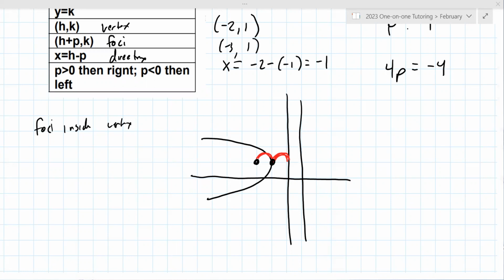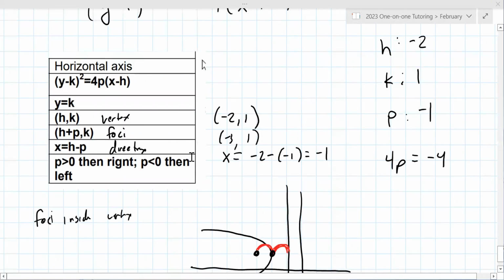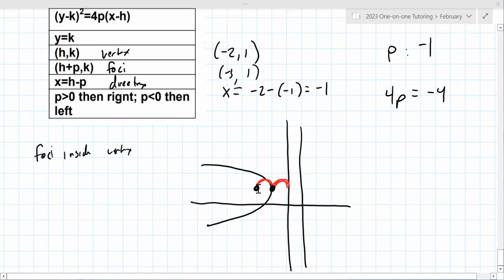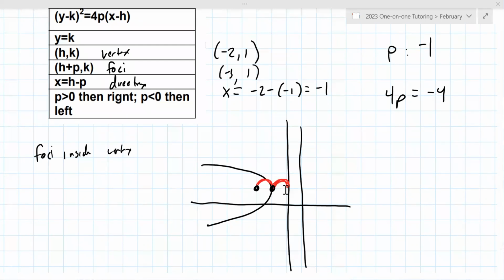If you recognize that the foci is inside the vertex, you don't have to know this equation. You just know that it's equidistant. And if that doesn't help, I get it. This is not easy stuff in any way.